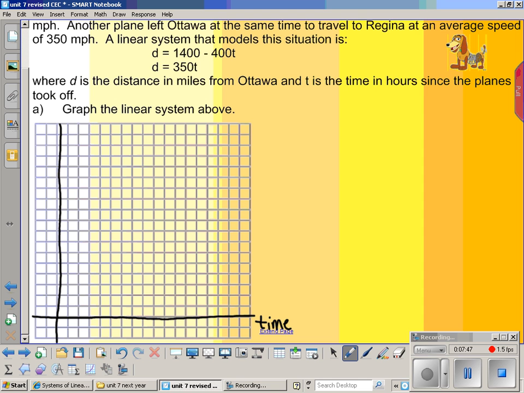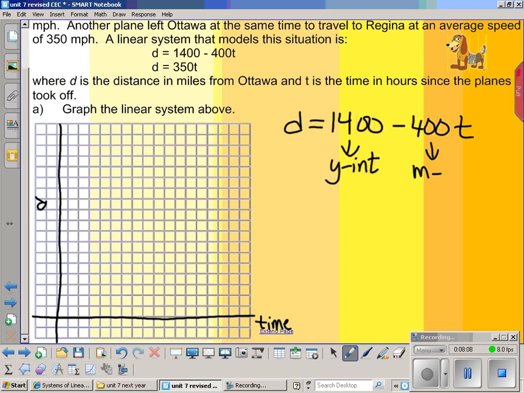Remember, your slope is always the value that is with the variable. So the slope is -400 over 1. In the second equation, what is your y-intercept? It's 0. This is the same as saying plus 0. So 0 is your y-intercept, and our slope is 350 over 1.